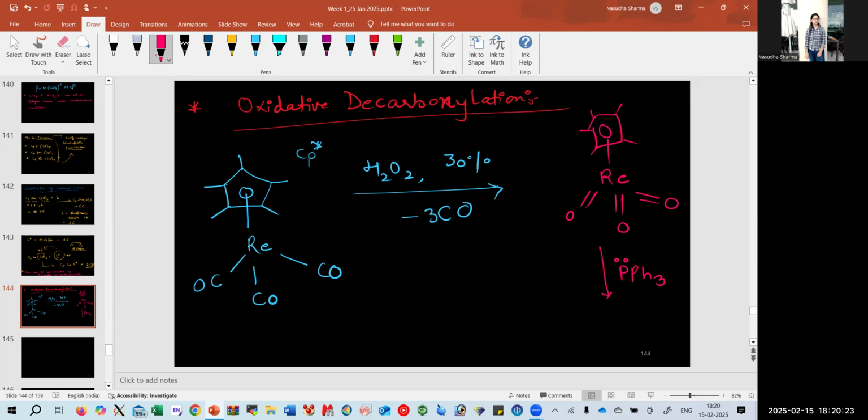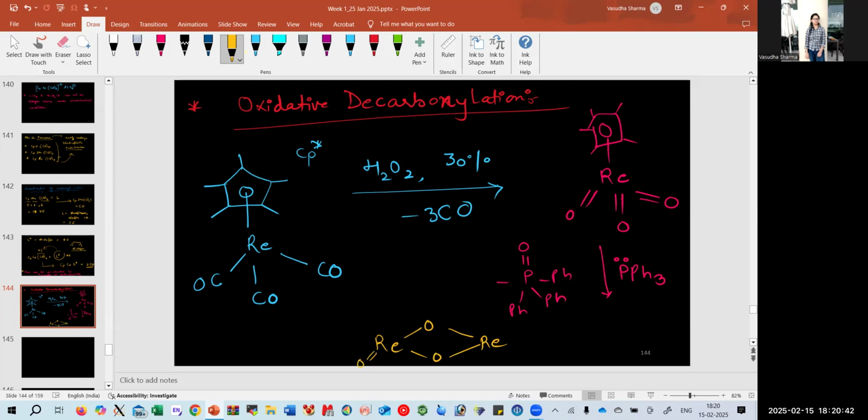So wherever it sees oxygen, it would try to form a P double bond O, and PPh3 can go out, and ultimately what you will end up having, a bridged oxygen between 2 rheniums forming a dimer and Cp stars onto the terminal side, right? So this is your end product. So this is one of the features of your carbonyl containing half sandwich complexes.